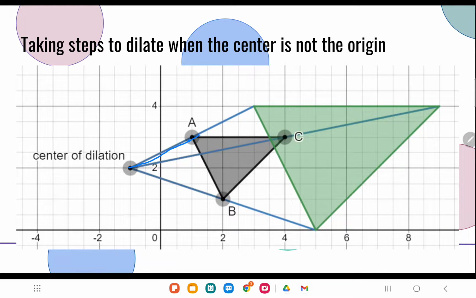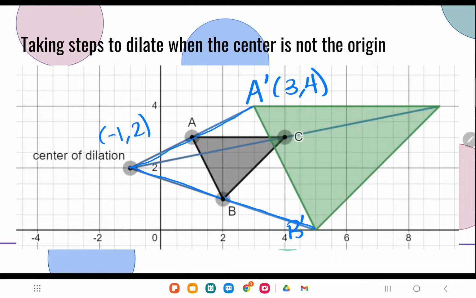Instead of 2, 1, I have 4, 2. So A prime is going over 4 and up 2 from -1, 2. So that is going to be at 3, 4. Instead of going right 3 and down 1, I'll be going right 6 and down 2 for my new vector.